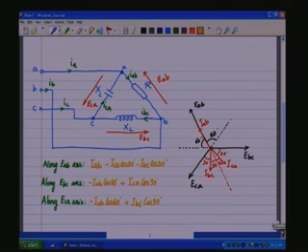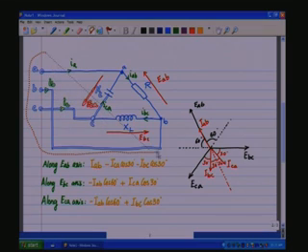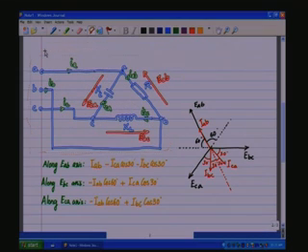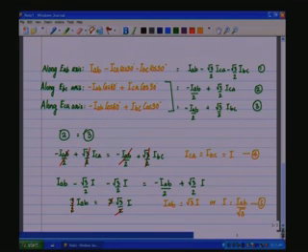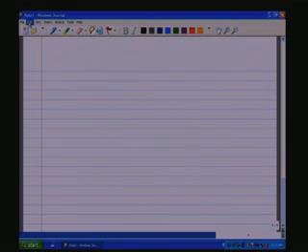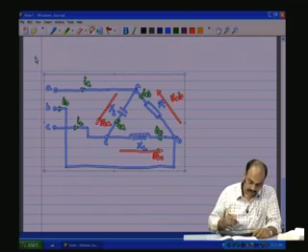If we go back here, let us try to find what should be the values of the capacitive reactance and the inductive reactance. So, copy, paste.